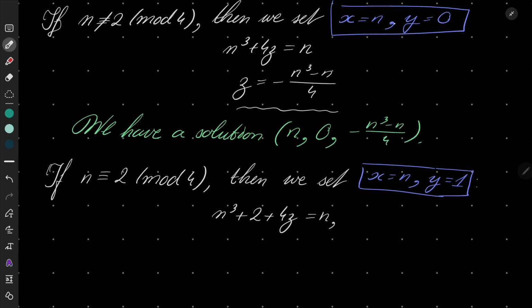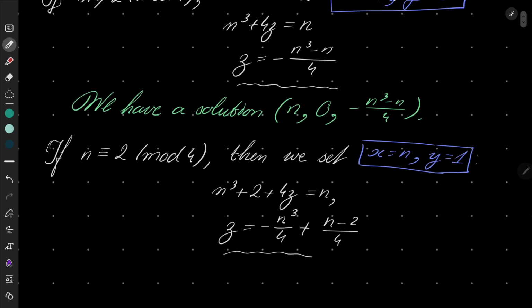In other words, z equals minus n cubed over 4 plus n minus 2 over 4.